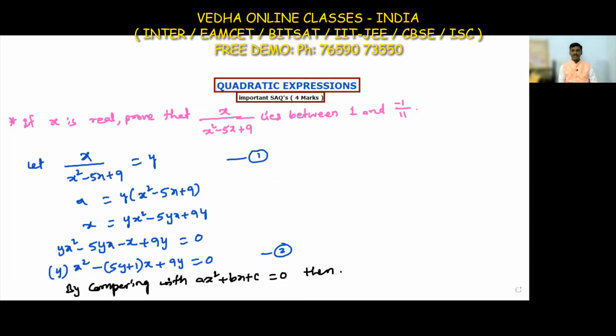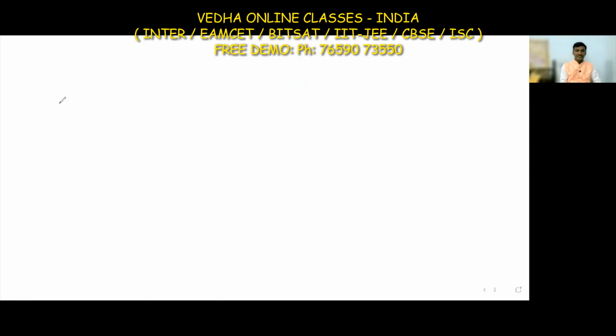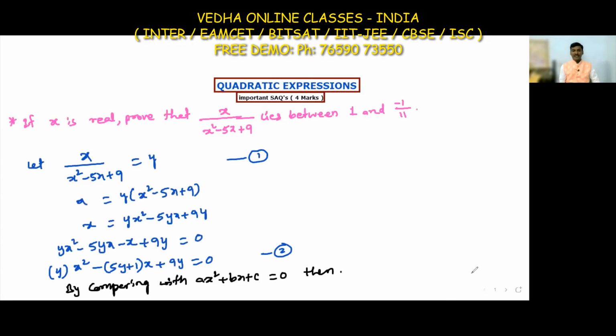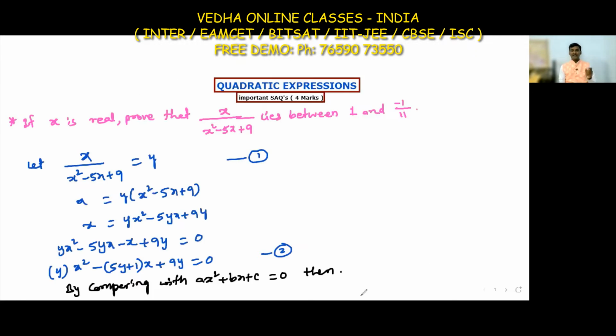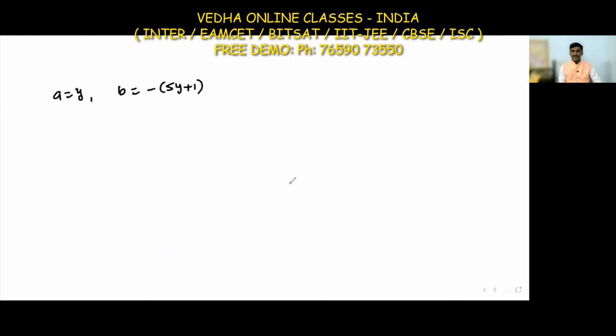Then, okay, so what is the a value? a is equals to y, x square coefficient a is equals to y, and x coefficient, that is b, is minus of 5y plus 1. Okay, after that constant c is equal to 9y.